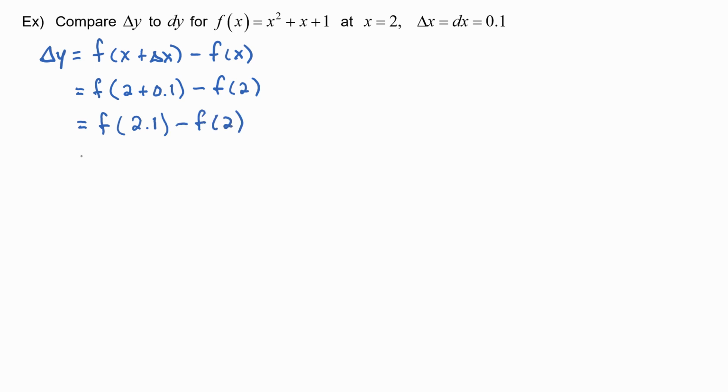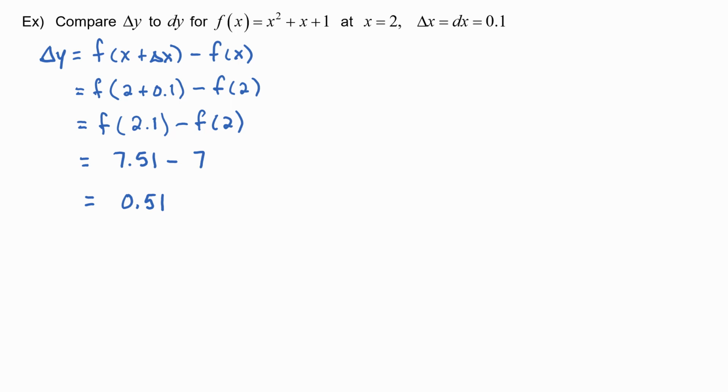Now, if we calculate these values, we take 2.1 and plug it into this function, we're going to get 7.51, and we have to subtract away f(2). If we put 2 into the function, we get exactly 7. So subtracting these values, we will get 0.51.